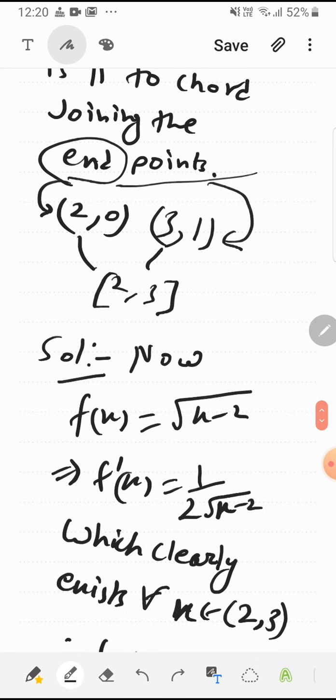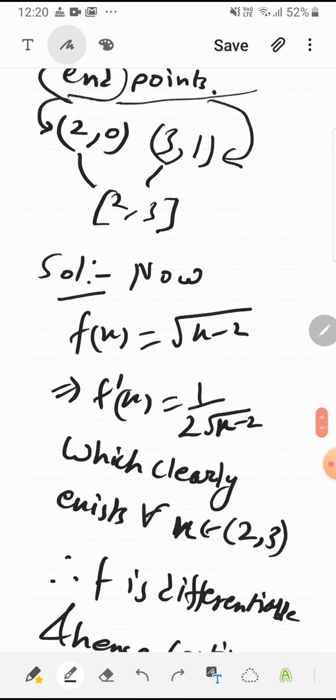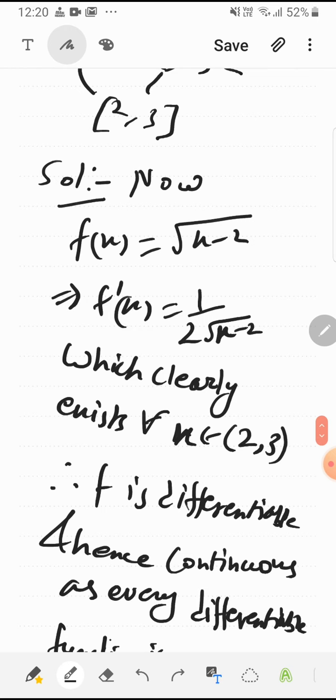Now as it is not a polynomial function, I'll check the differentiability first. f of x is equal to under root x minus 2, f dash x is equal to 1 by 2 root x minus 2, which clearly exists for all x belonging to the open interval 2, 3. Therefore we can say f is differentiable and hence continuous. This is very, very important.